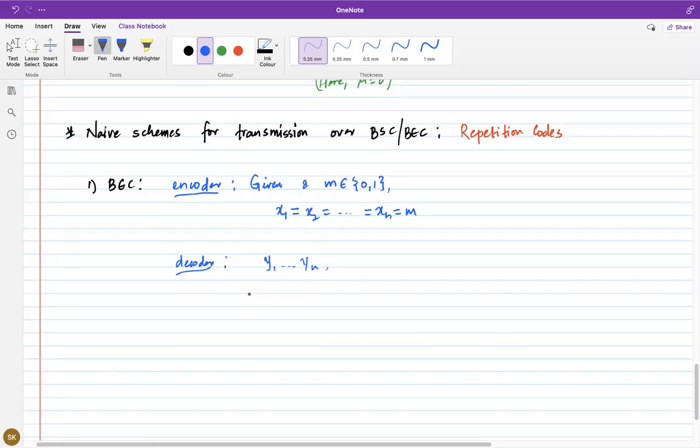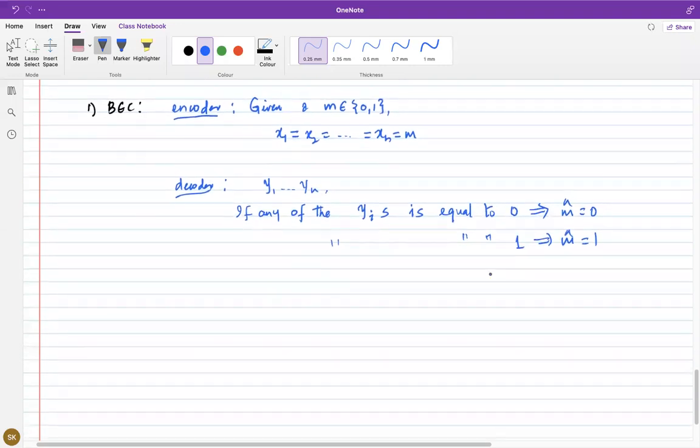Then the decoding rule says that if any of the yi's that you see here is equal to 0, then you say that the original message m hat was 0. And similarly, if any of the yi's is equal to 1, then you simply say that m hat was equal to 1. Okay, so this is the decoding rule that we'll follow.